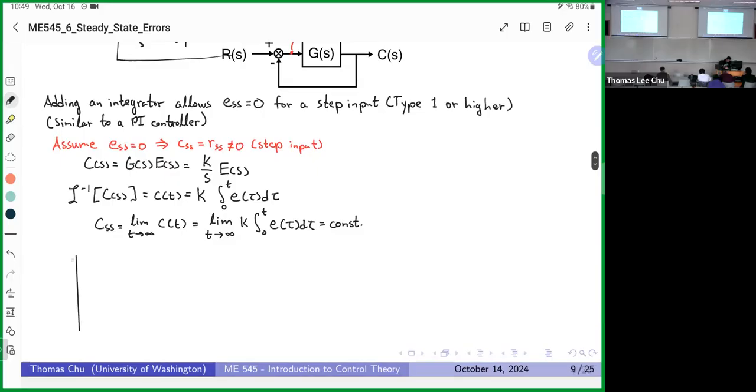Basically, what it's doing is by adding an integrator, we're just finding the area under error. So let's say we have a system with error and we're plotting it as a function of time. And error is decreasing because this is a type 1 system. We're basically computing the area under the curve.